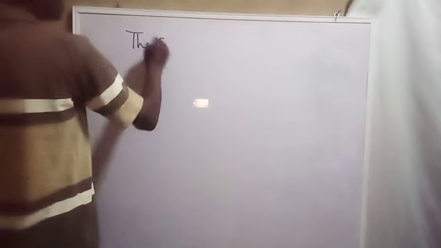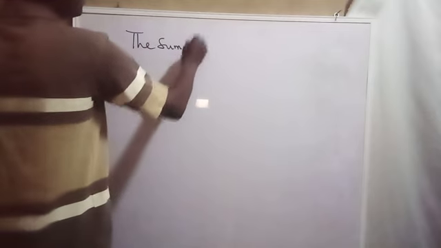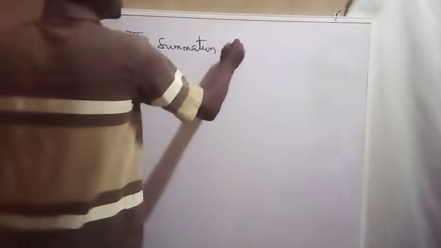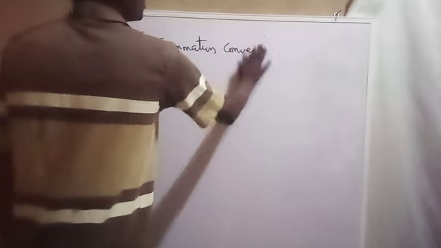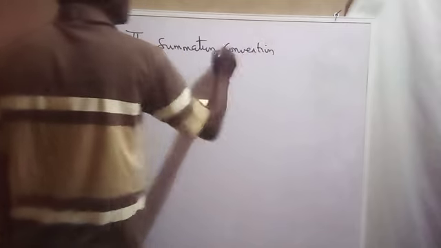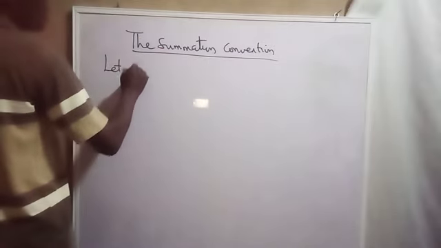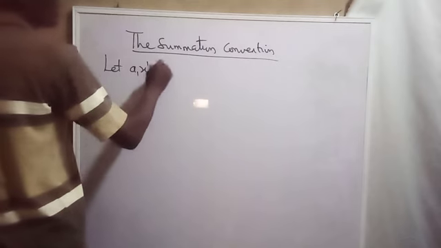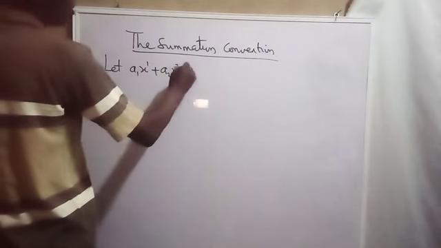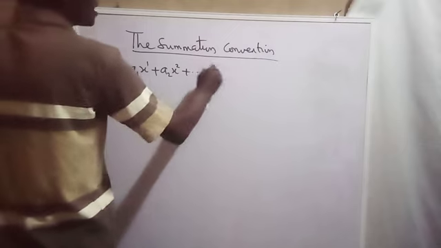Now let's look at the summation convention. What do we mean by summation convention? We are going to see it now. Let's say A1x1 plus A2x2 plus and so on plus ANxN.